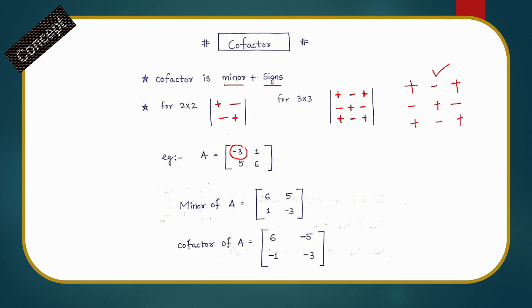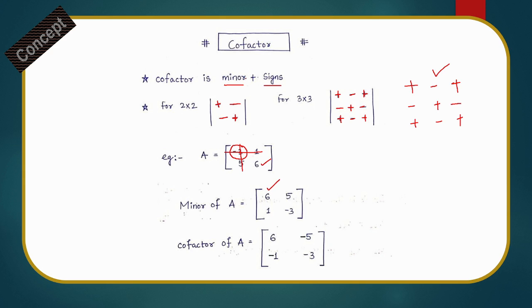For minus 3, what is the minor? If we delete this column and this row, remaining is 6. So for minus 3 it is written as 6. Similarly for all the elements, the minors of the respective elements are written. If you combine those elements, we can construct a matrix, and that matrix is called the minor matrix of A.